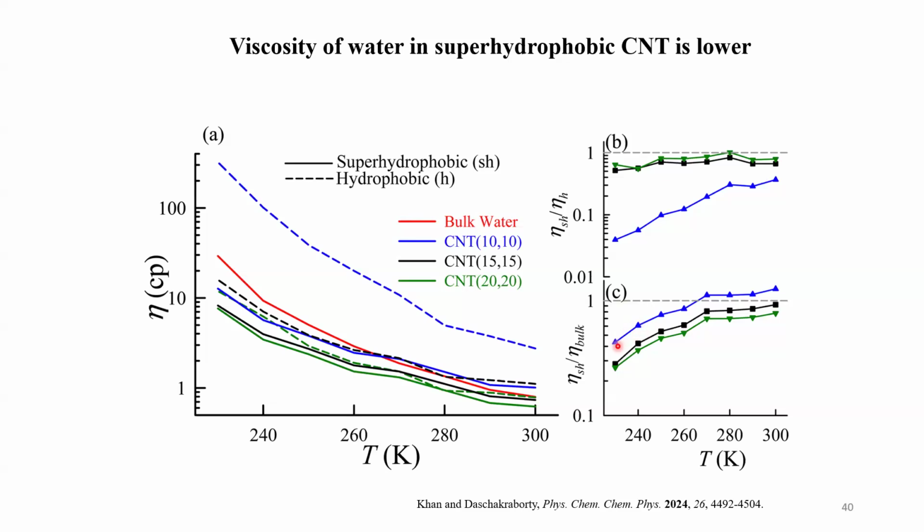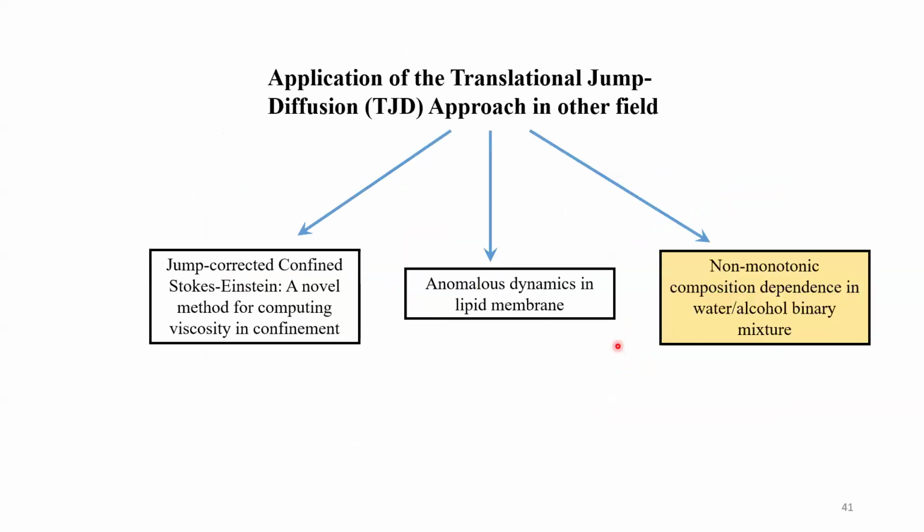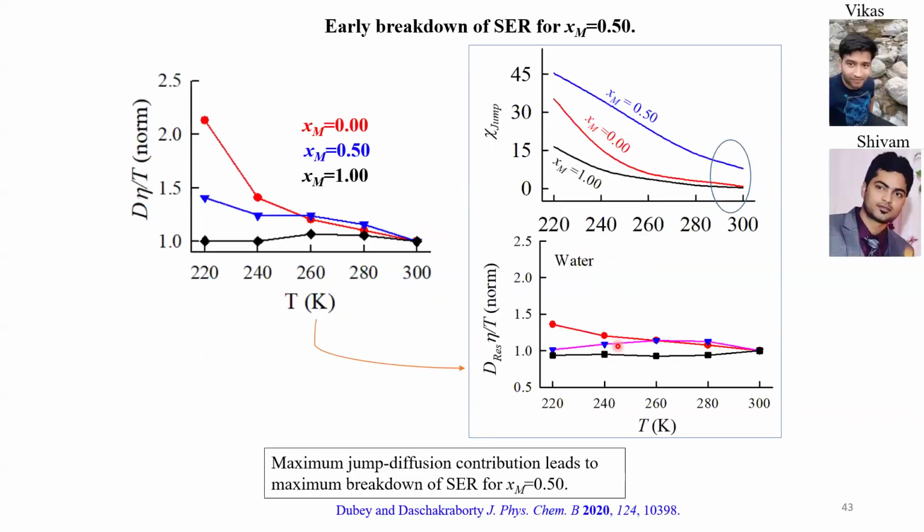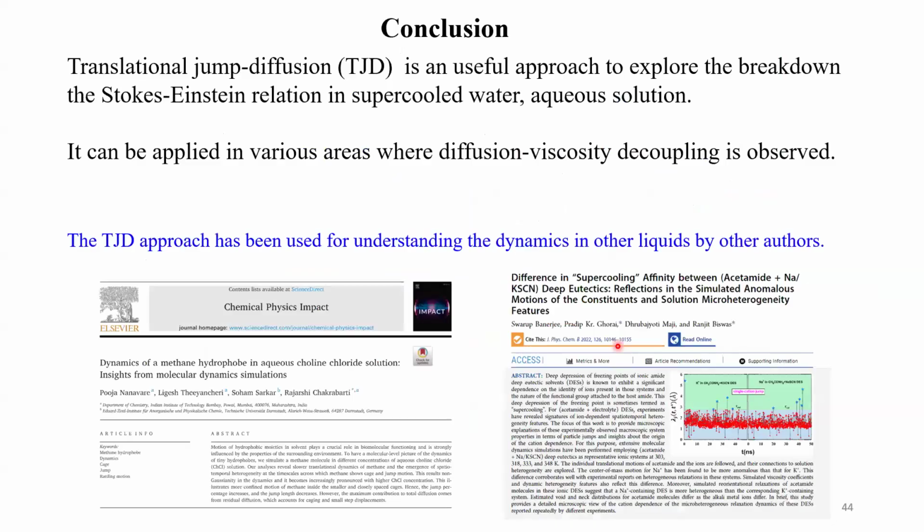That is a very interesting story, because people want to know how fast the dynamics of water inside nanotubes or nanochannels is, and it's a good story that if you use superhydrophobic channels, then it will be less viscous. We have also tried to explain the different non-monotonic behavior of water-alcohol mixtures, and I will skip this.